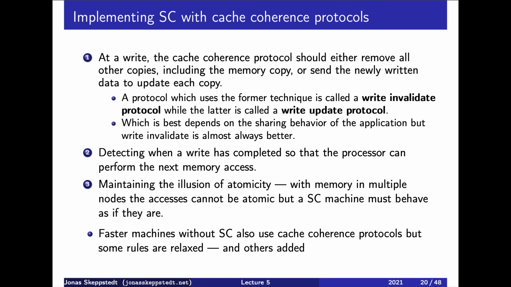That's the main problem. There is another problem, namely that it is more complicated to implement sequential consistency with write update protocols. It has to be done in 2 steps, and we will not go into the details of that. Instead, we will just note that write update protocols are not as good as write invalidate protocols.